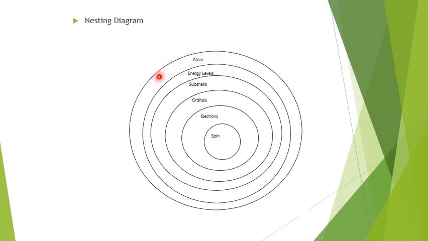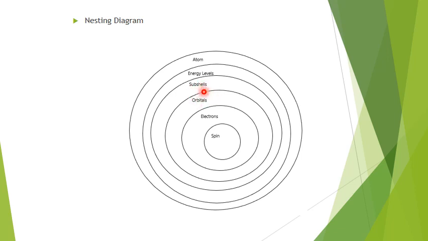So this outer part is the atom, and within an atom are the energy levels: energy level 1, energy level 2, energy level 3, energy level 4, and so forth. In the energy levels, there are subshells. Energy level 1 has an S subshell, energy level 2 has S and P subshells, energy level 3 has S, P, and D, and so forth.